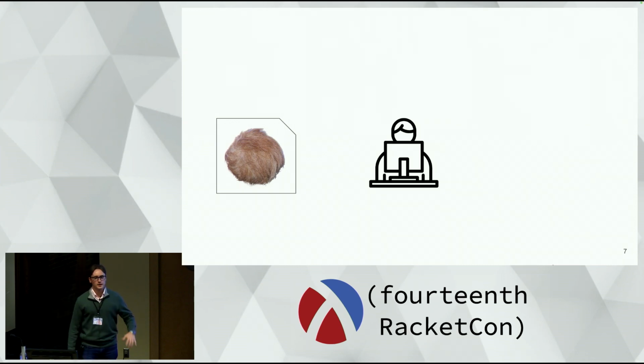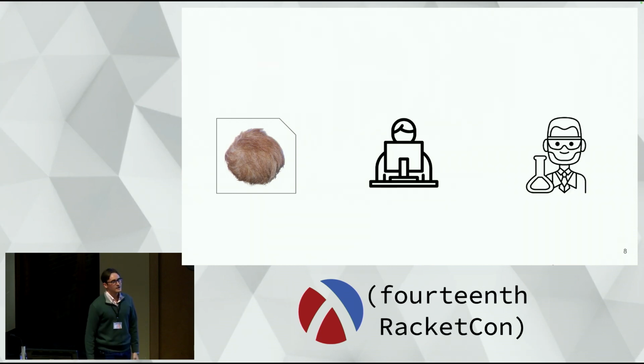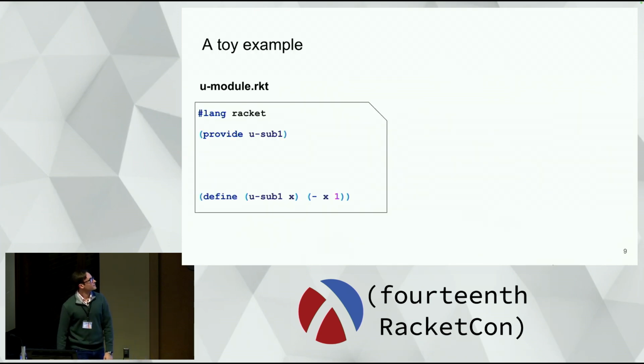And then I'm going to put on my programmer hat and show how you, as a developer, a racketeer, if you encounter this problem, what you can do to make things better. And then I'm going to put on my researcher hat, and pick apart the process that I will have told you about and ask, from a researcher's perspective, how good is that process at making things better?